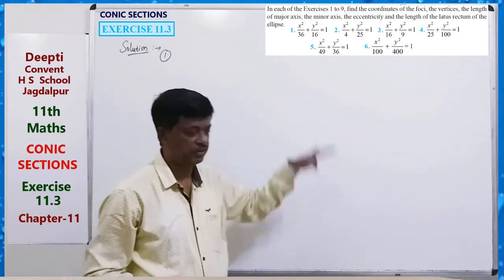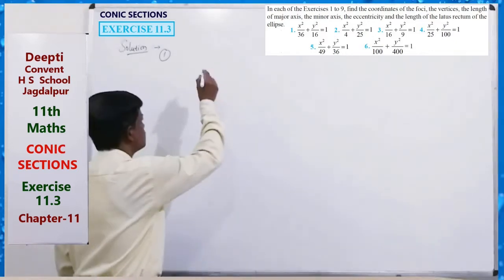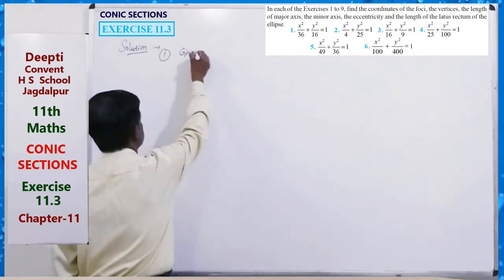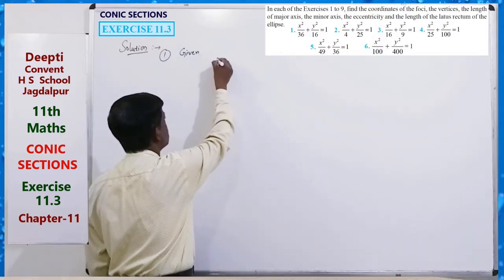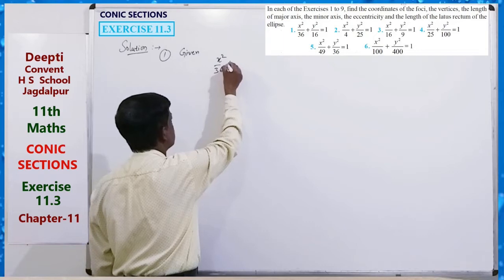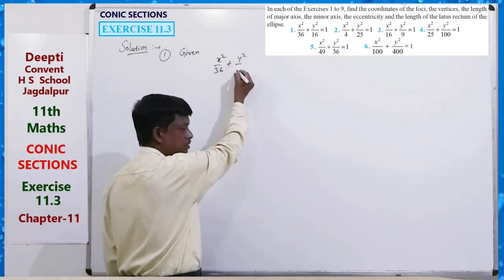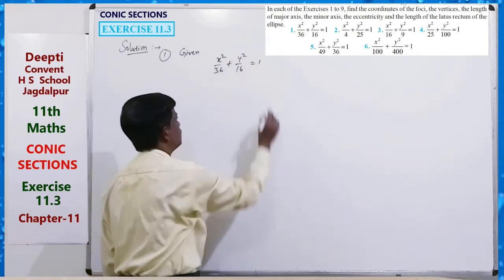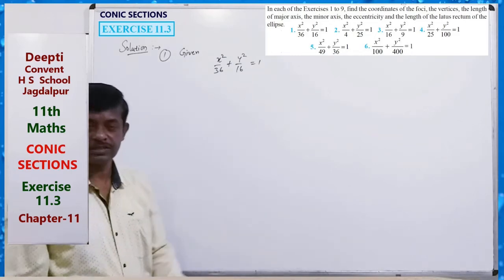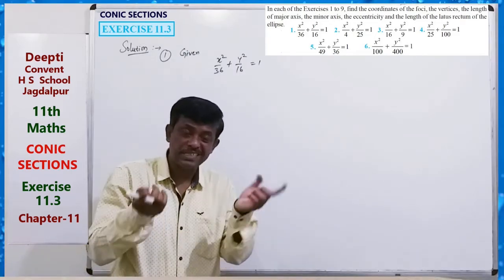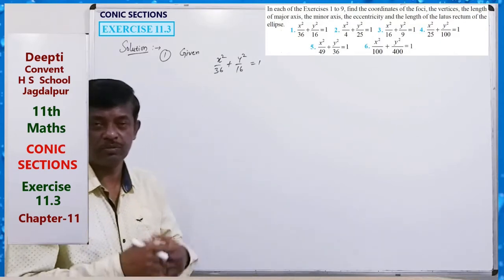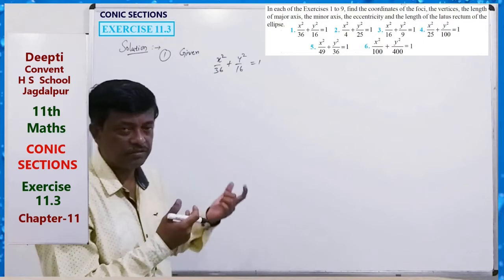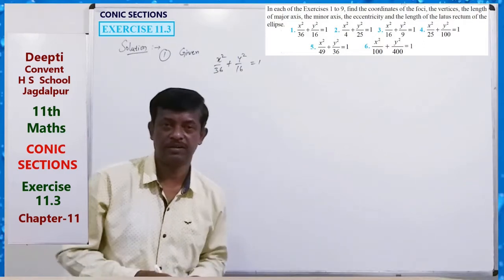We just have to find all the factors. Here, the first question is given x square by 36 plus y square by 16. You have to write in details in your copy. The given ellipse is x square by 36 plus y square by 16 equals 1. We have to decide first the standard equation of ellipse, and then we can get the values of a, b, c, e, etc.